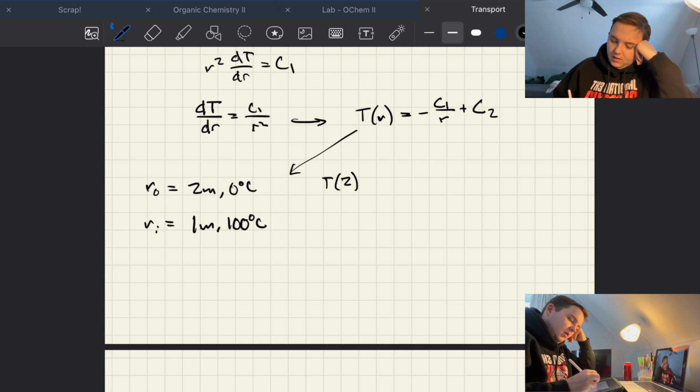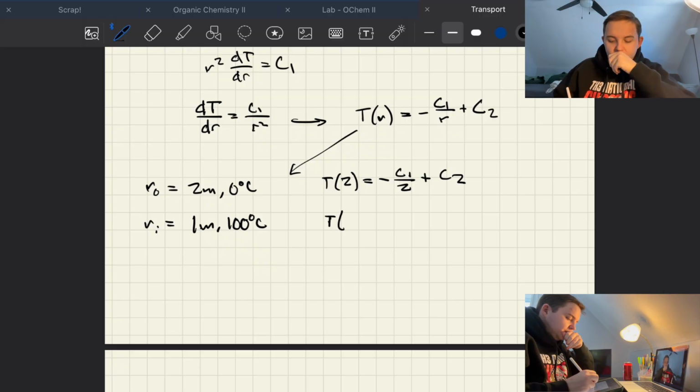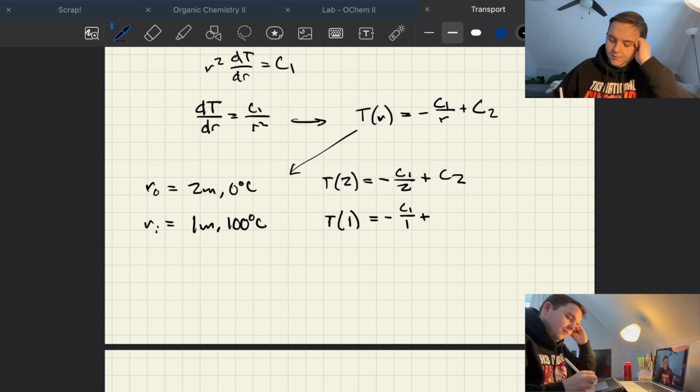T2 is going to be equal to negative C1 over 2 plus C2. And here T1 is equal to negative C1 over 1 plus C2.